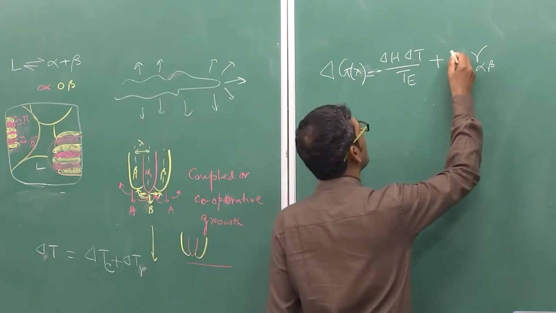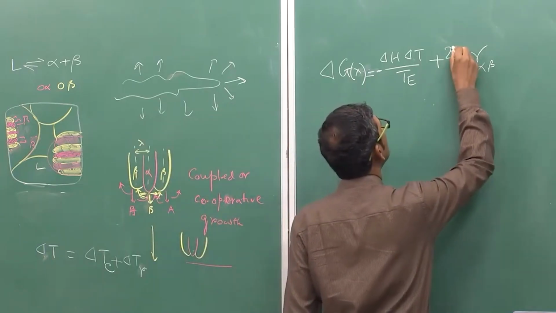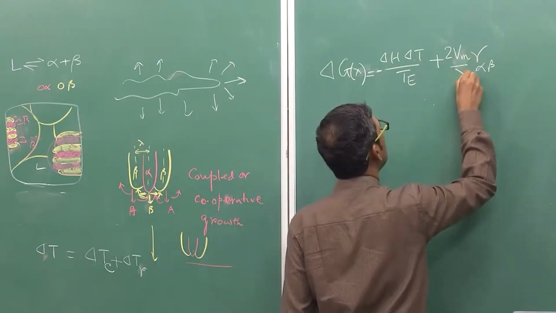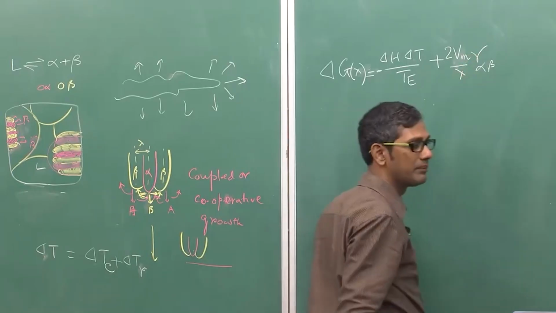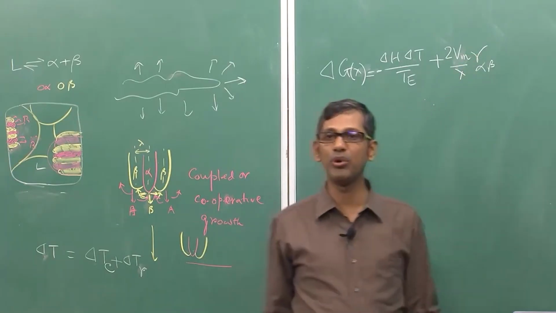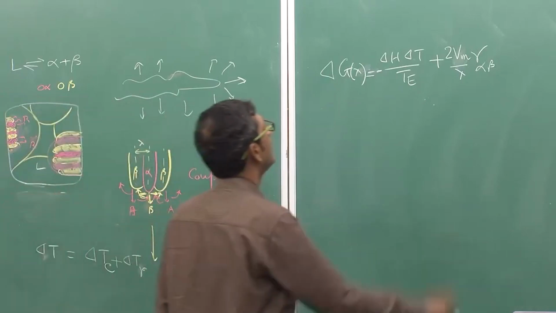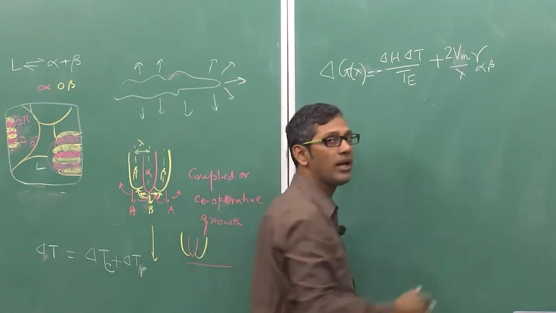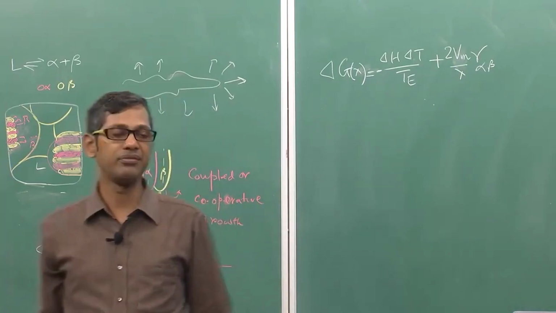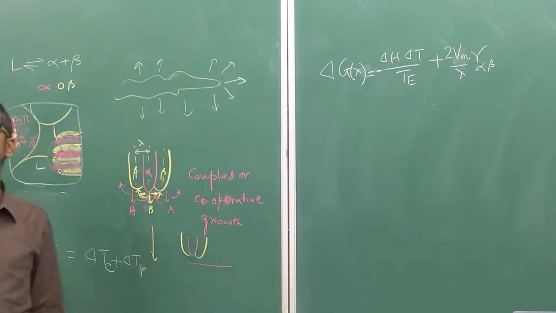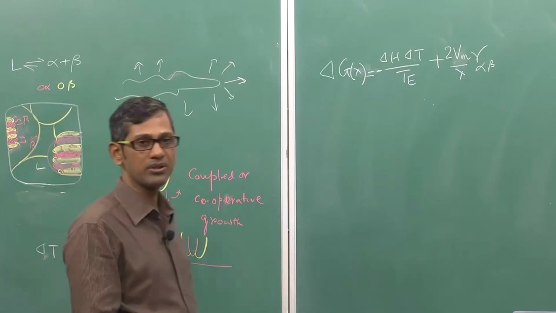So normally people write this as 2 Vm gamma alpha beta by lambda, where Vm is the average molar volume of alpha and beta, okay. So actually the surface area of 1 meter cube of eutectic is equal to 2 by lambda square. That is what the calculation shows.